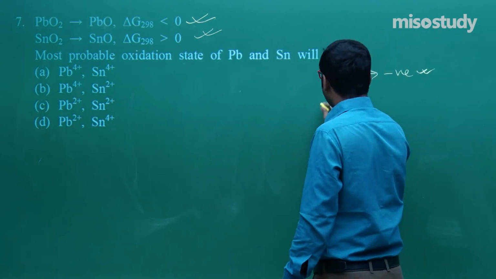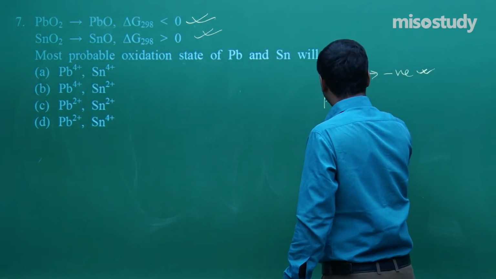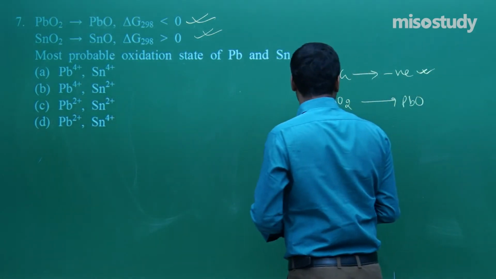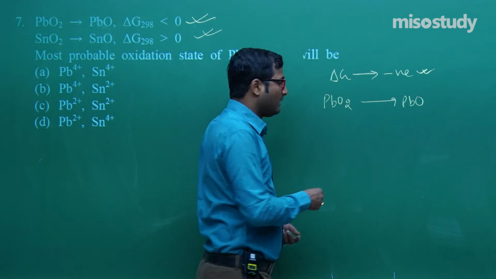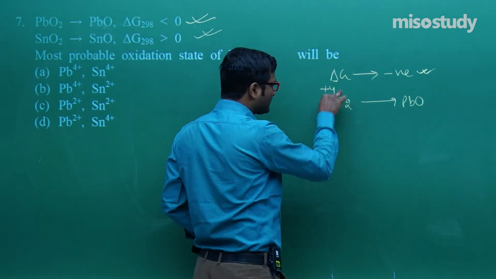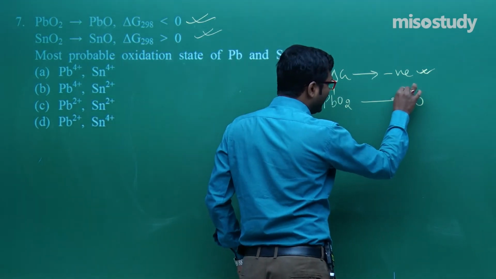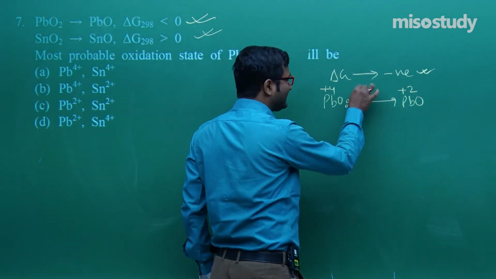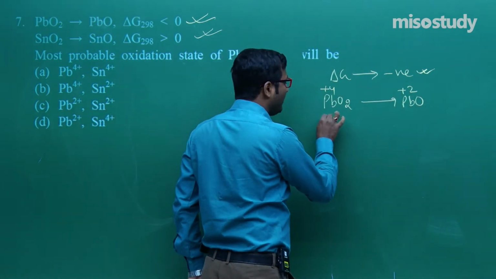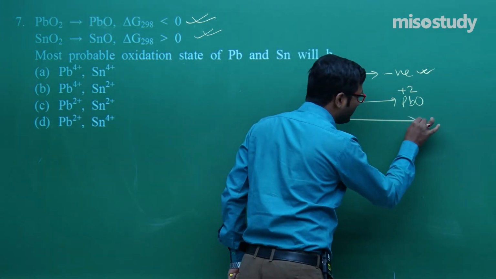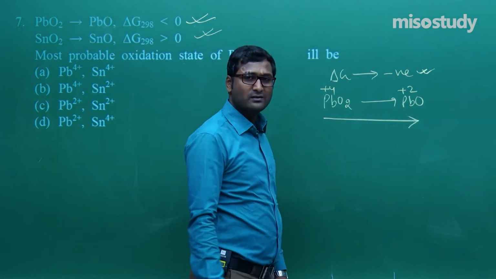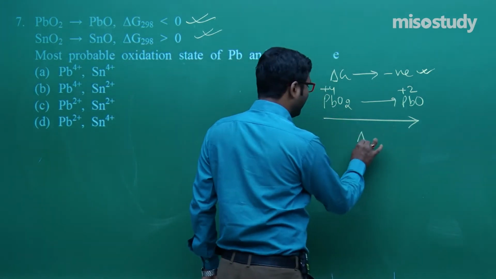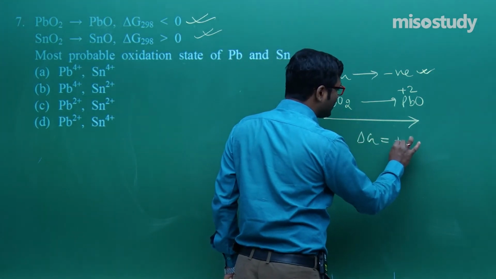The reaction is PbO2 gives PbO, and in this case we can say the reaction is feasible. Here the Pb is in +4 oxidation state and here Pb is +2. So if delta H is negative, then definitely the +4 oxidation state will change to +2 because the reaction is favorable. But in the second reaction, delta G is positive.